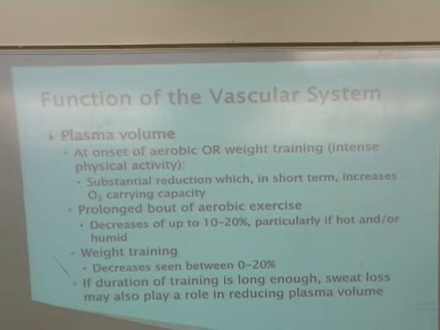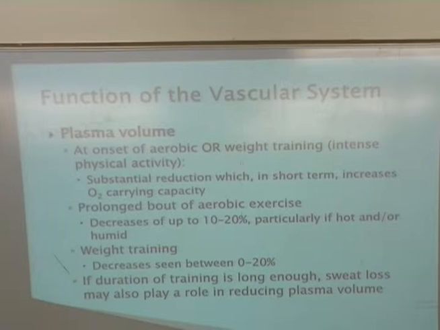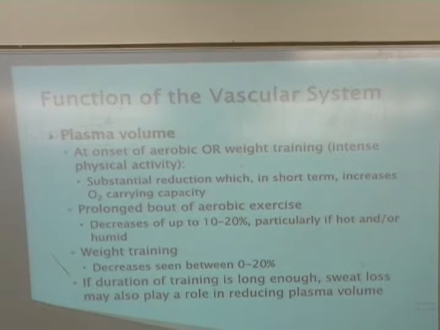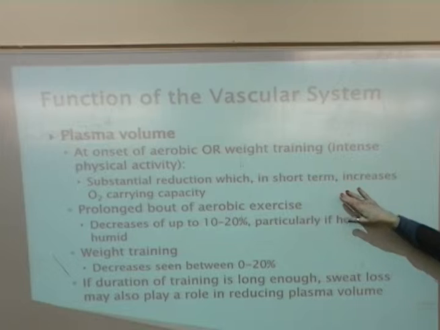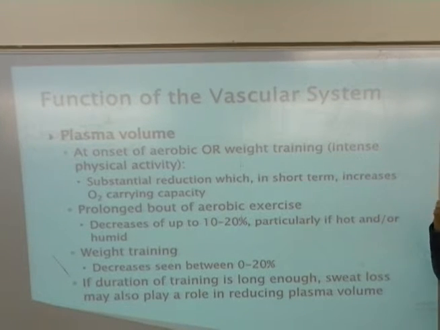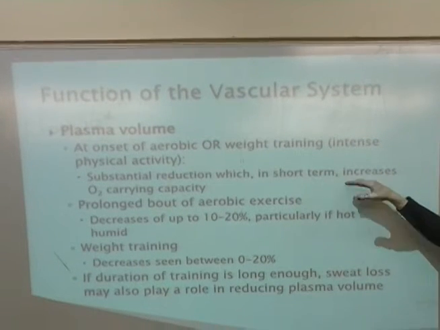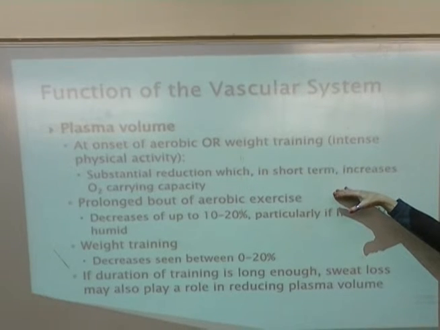But what happens is I've got these extra red blood cells, I've got the extra oxygen. If I reduce the volume, I've got more oxygen per volume measure than I had before. So in a weird way, by reducing plasma volume in the short term, we increase oxygen capacity.